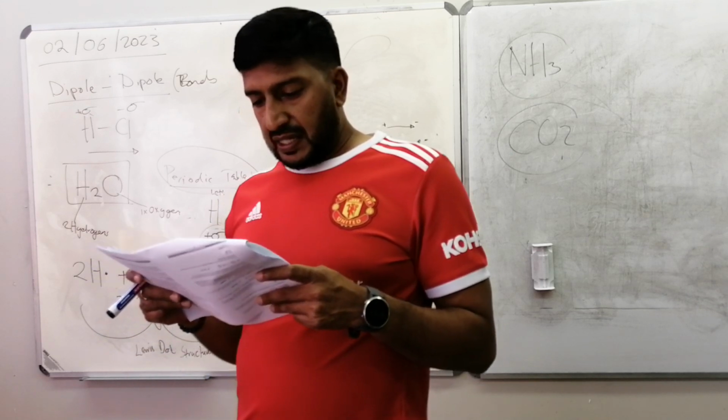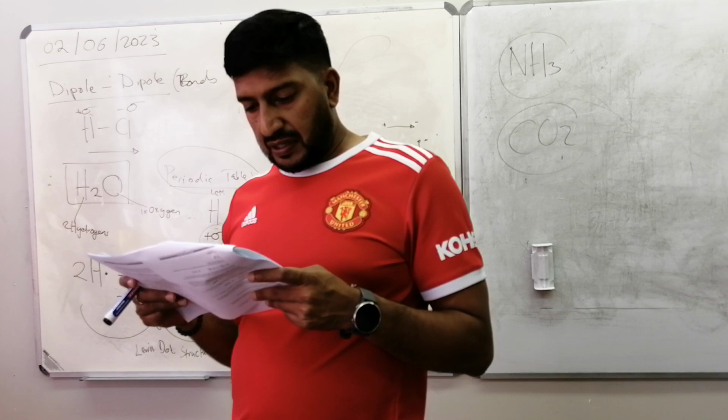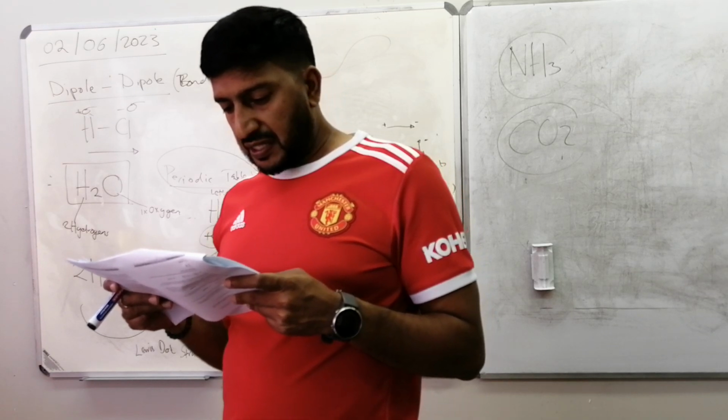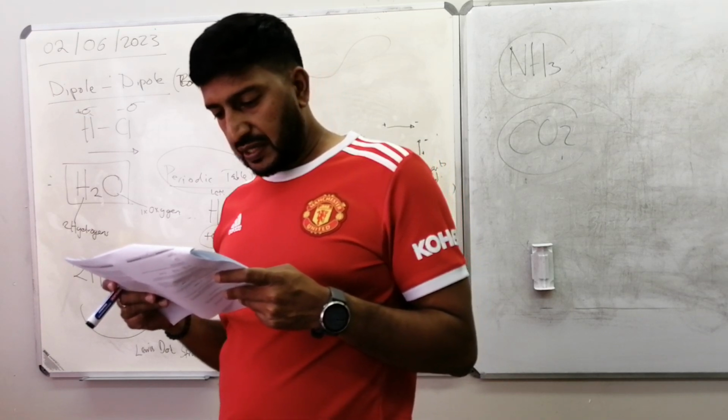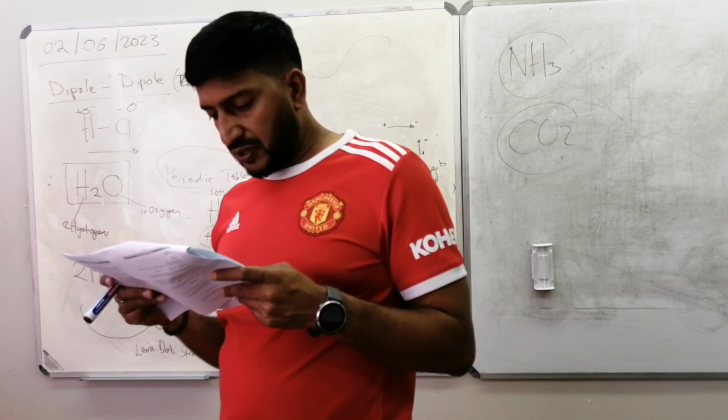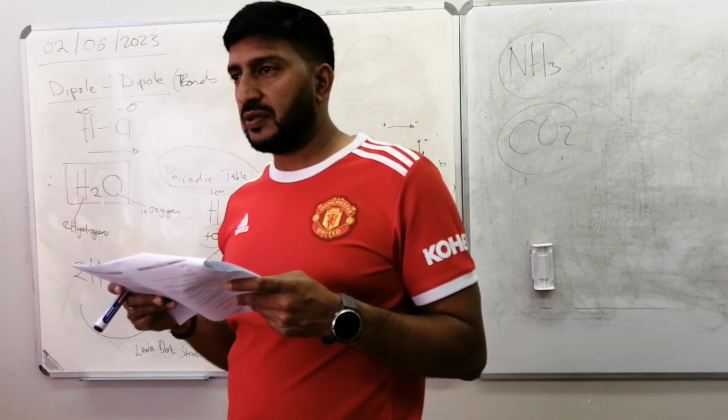Now let's look at it in terms of this. A coordinate bond is represented by an arrow pointing from the donor to the acceptor atom. You get that?